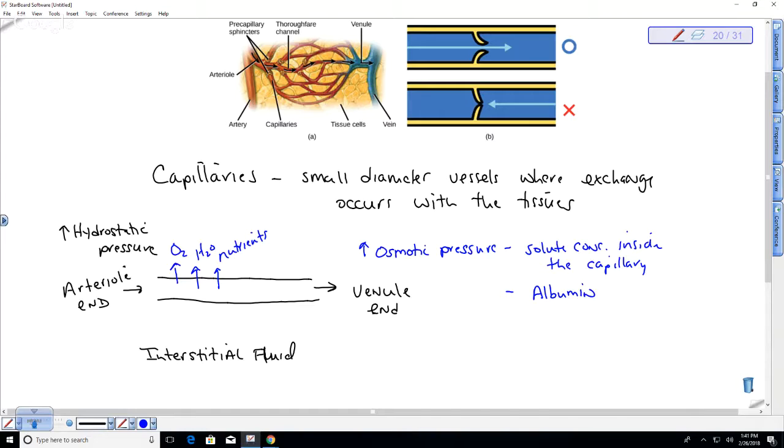Excellent. Okay. So what this does is this draws water, CO2, and urea, which is a nitrogenous waste. That's a waste product. We're going to talk about that not today, but on Wednesday, back into the capillary. Okay. So I could draw it going the other way.